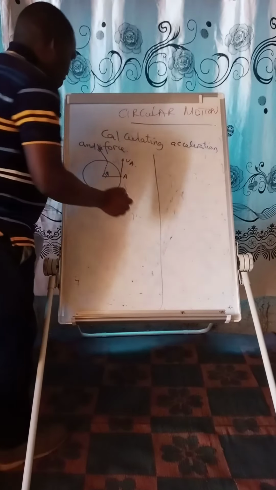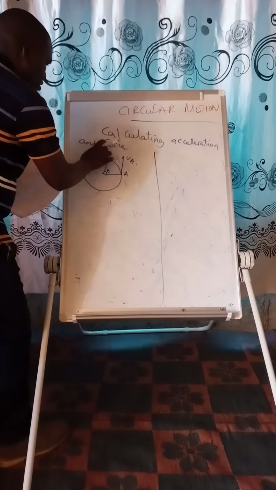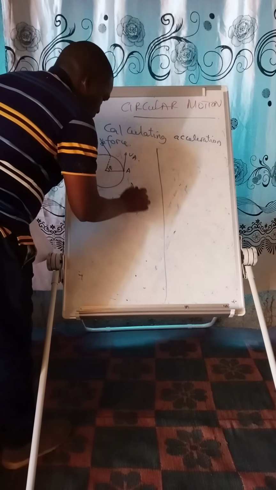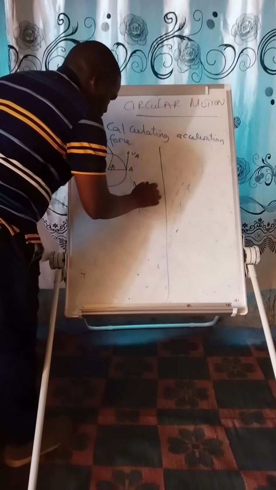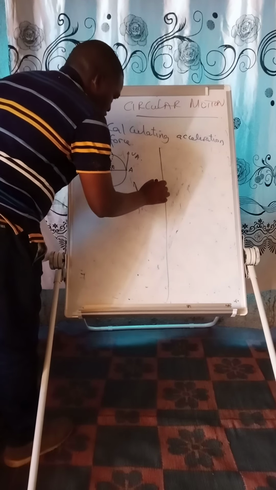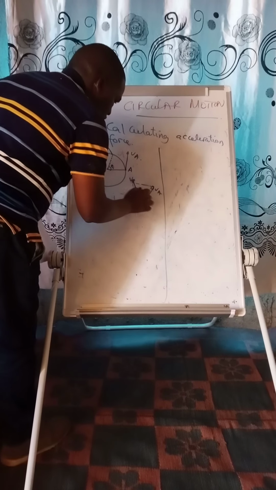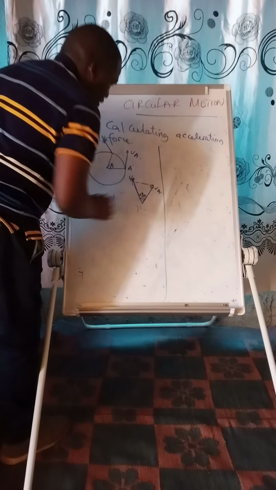So if we take these velocities, velocity A, velocity B, and this is the change in theta.